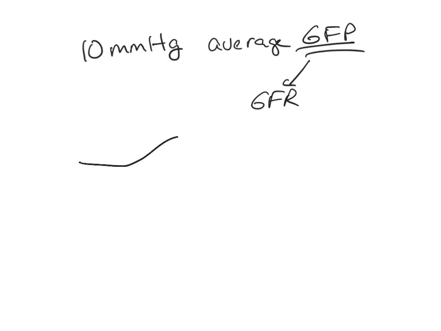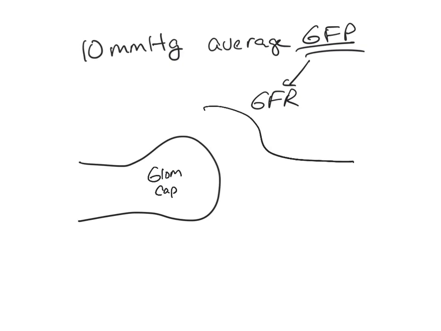So here you have your glomerular capillary, okay, and then here we have the capsular space, and that's leading into the proximal convoluted tubule. And so what we said was the glomerular hydrostatic pressure was 50 normally.